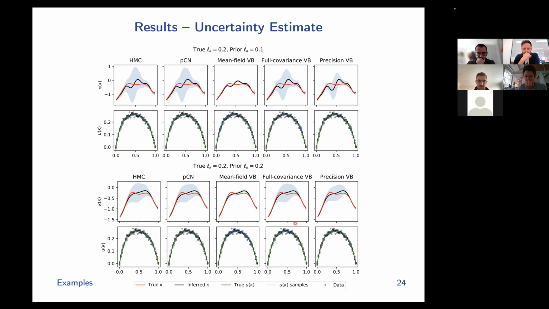Below we have the same thing, except that the prior for the length scale of kappa was matching the true length scale that was used when generating the data, and the same conclusions apply as for the above panel.